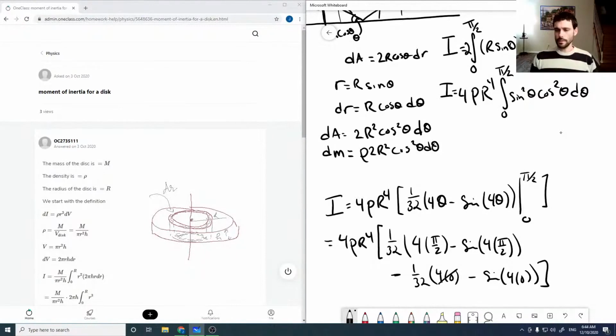So obviously that's 0, that's 0, so this whole term is 0, and that's sine of 4 pi over 2, which is the sine of 2 pi, which is 0. So pretty much everything goes to 0 except the first term.